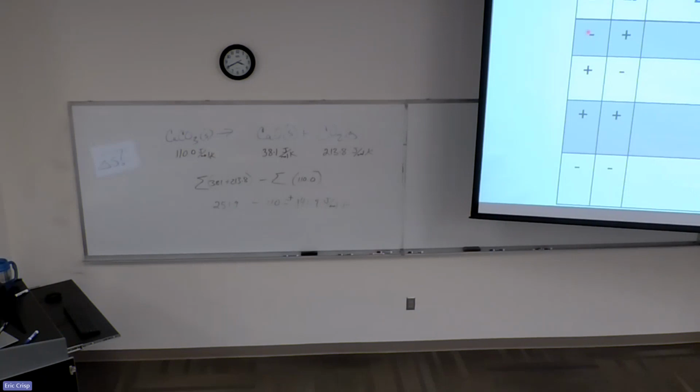Well then, is my reaction spontaneous or not? And how do we determine spontaneity for a reaction? Delta G. And what value am I looking for? I see whether delta G is what? That's the whole key here.